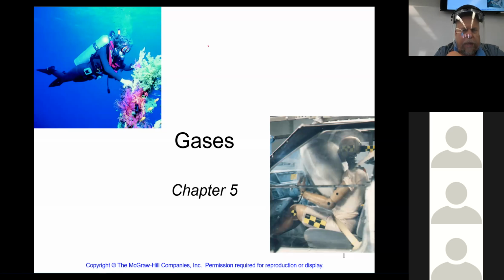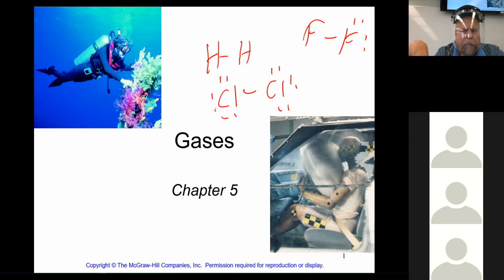When you have gases, certain examples would be hydrogen, and then chlorine, and then fluorine here. Now, which of these do you think is going to have the lowest boiling point of all these gases? These are naturally occurring gases.